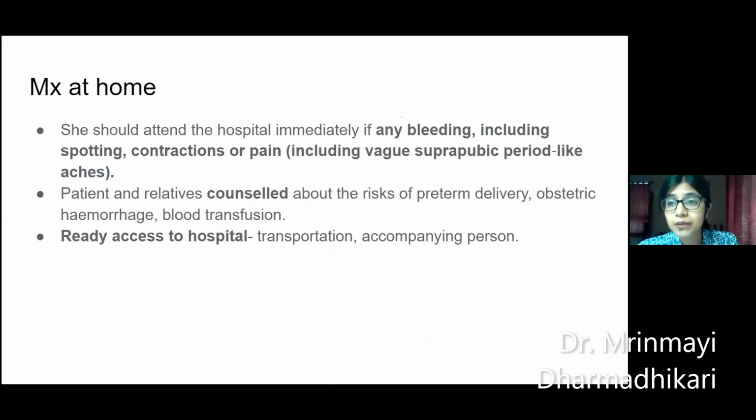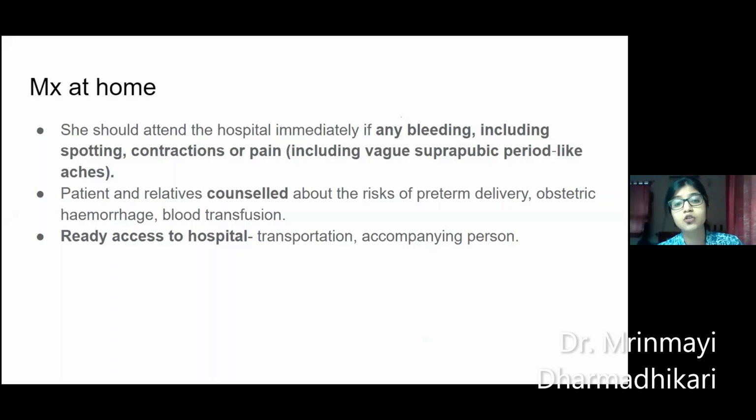What to counsel the patient when you're discharging her, a patient of placenta previa? That she should attend the hospital immediately if any bleeding, including spotting, any contractions or abdominal pain takes place.